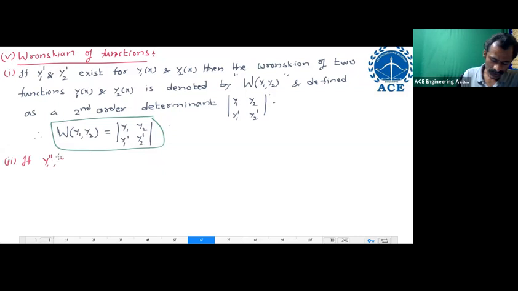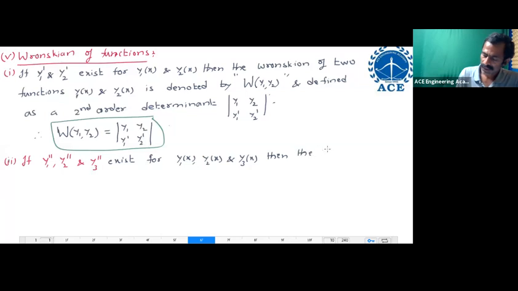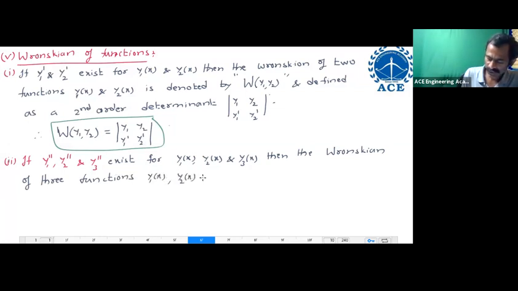If y1 double dash, y2 double dash, and y3 double dash exist for y1 of x, y2 of x, and y3 of x, then the Wronskian of three functions y1 of x, y2 of x, and y3 of x is given by W of y1 comma y2 comma y3 equal to a third order determinant.